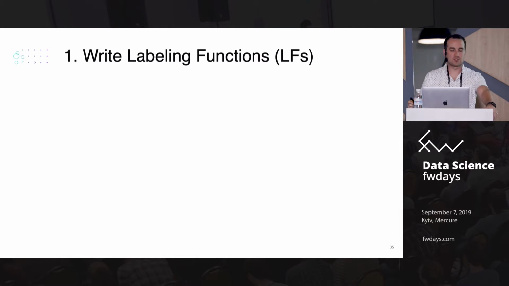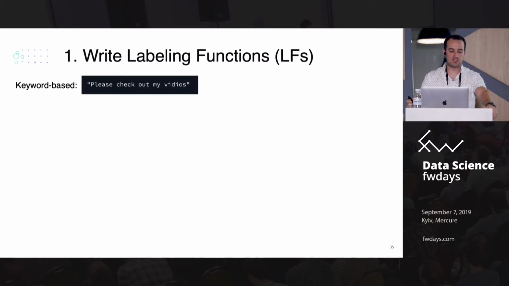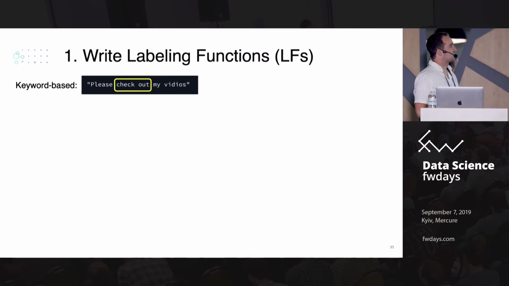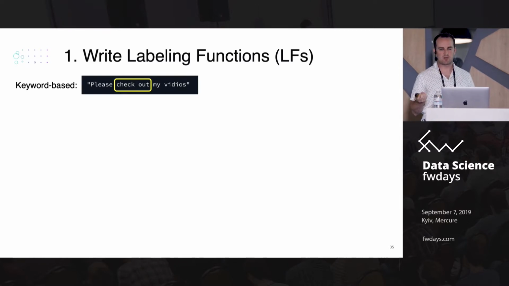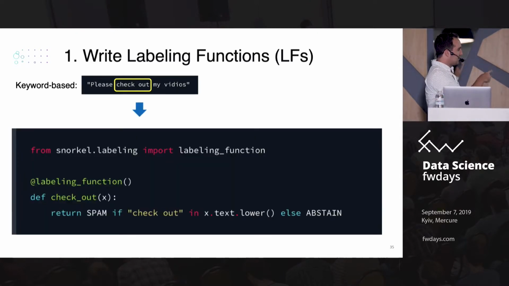So step 1 of the Snorkel pipeline is to write these labeling functions. So one thing we might do, as I mentioned before, is to look for keywords. In this case, check out. We see this, people saying, check out my video, check out my channel, not talking about the current video. So we'll go ahead and write a labeling function. We mark it with this little decorator, and then it's just a simple Python function. And we'll say, mark it as spam if I see the words checkout in the text, otherwise abstain.